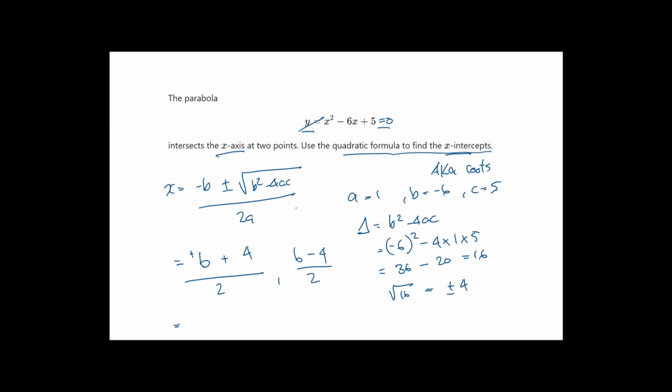So 6 plus 4 is 10, 10 divided by 2 is 5. 6 minus 4 is 2, 2 over 2 is 1. And there's our answer. So the two intercepts are at (5, 0) and (1, 0).